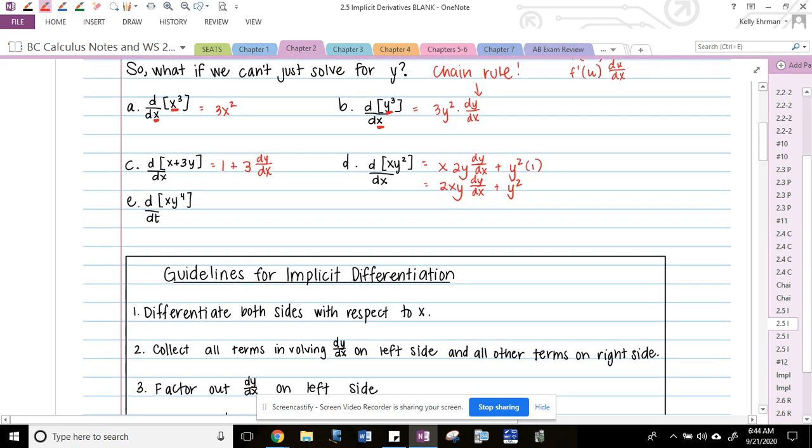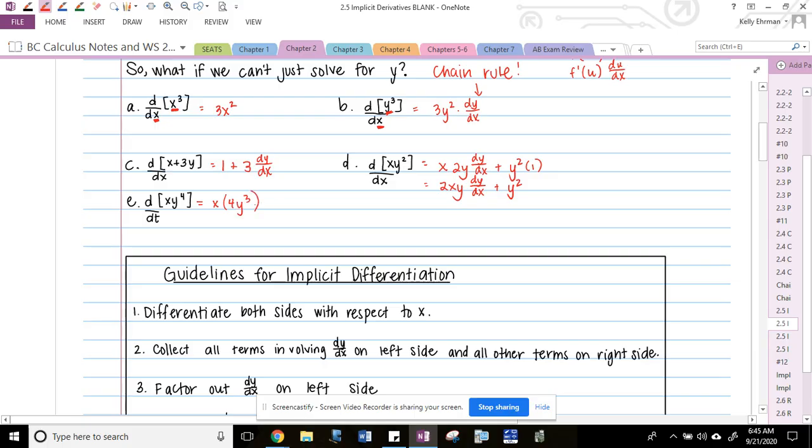So think of it as its own little variable. This one says dy dt, derivative with respect to t. That usually means time. So that doesn't match either of our variables. So when we do our product rule, it's the first function times the derivative of the second.